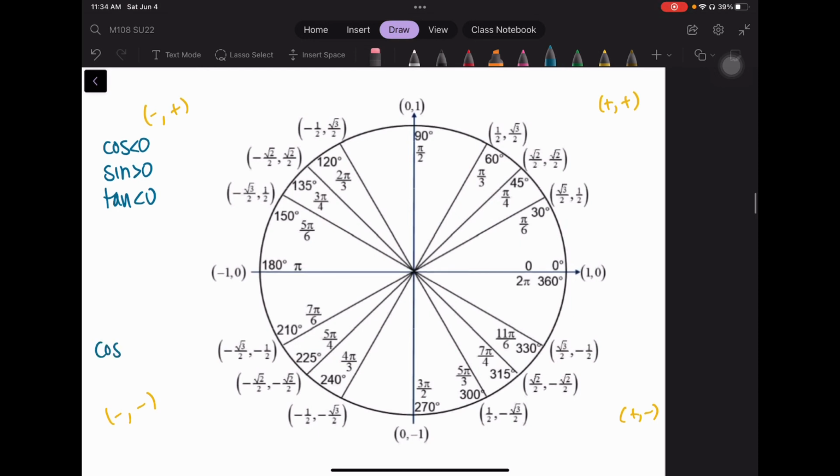Your cosine is negative, your sine is negative, and your tangent is positive in the third quadrant. Your cosine is positive, your sine is negative, and your tangent is negative in the fourth quadrant. And in the first quadrant, all are positive.